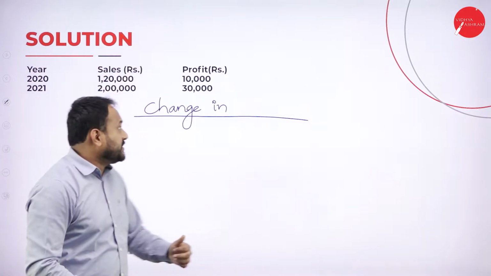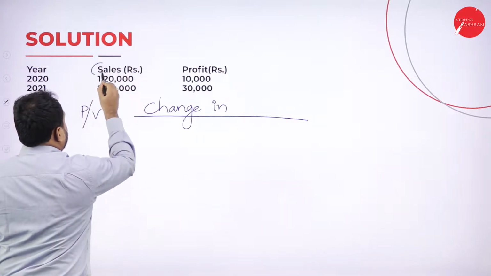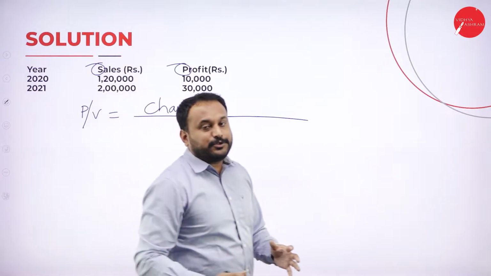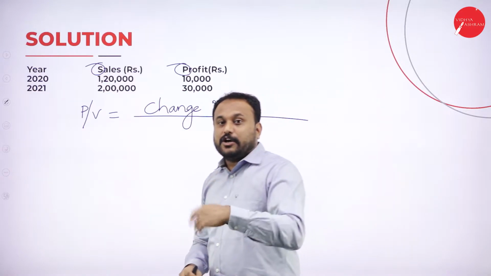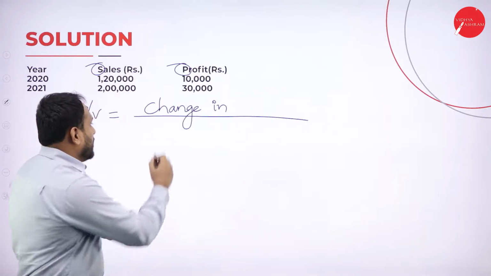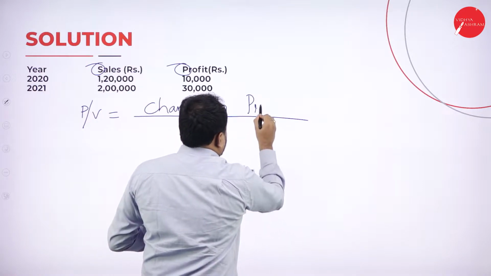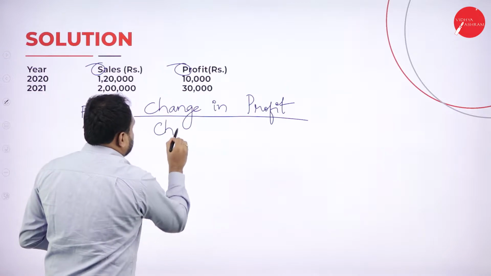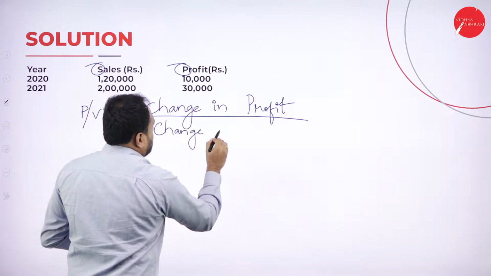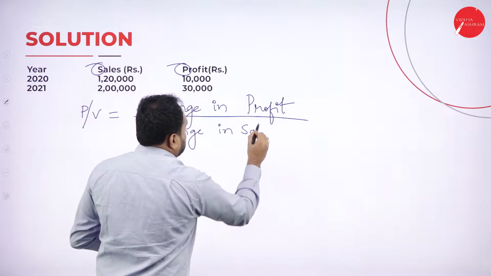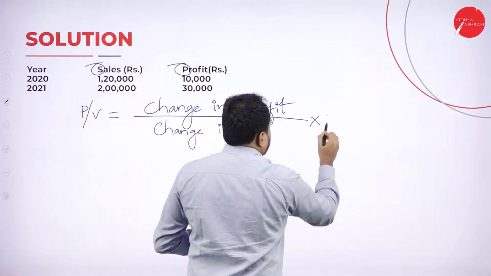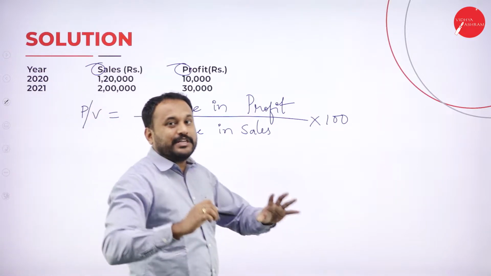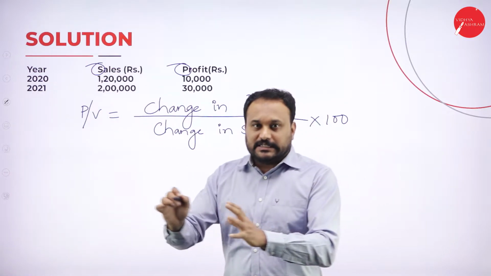We have something called S and P. According to the English alphabet, which will come first, P or S? It is P. So P in the sense profit. Change in profit divided by change in sales into 100. So this is our formula of PV when 2-year sales and 2-year profit is given.